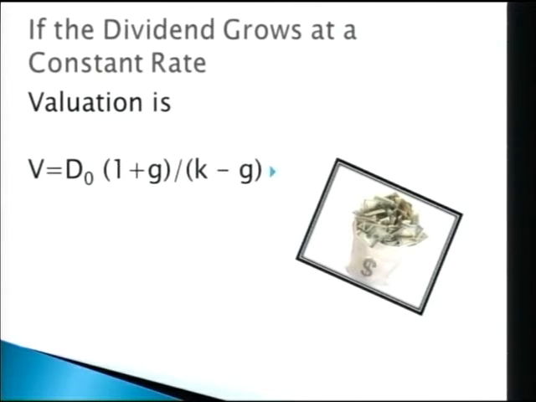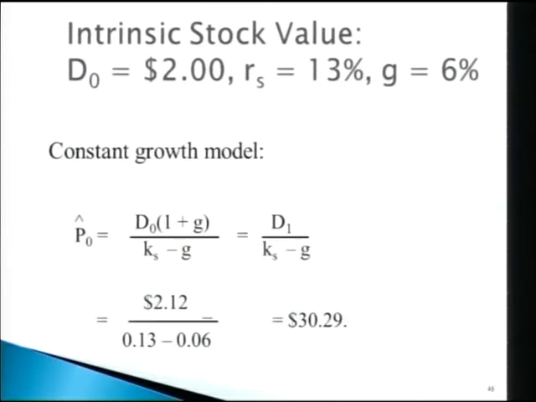So, if the dividends grow at a constant rate, the previous one is a fixed rate, but this one is a constant rate. Just to remind you of the equation, V0 is D0 times 1 plus G, this is D1, divided by Ks minus the growth rate. You can calculate the intrinsic value.